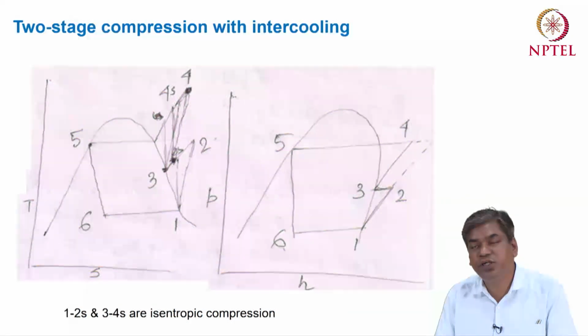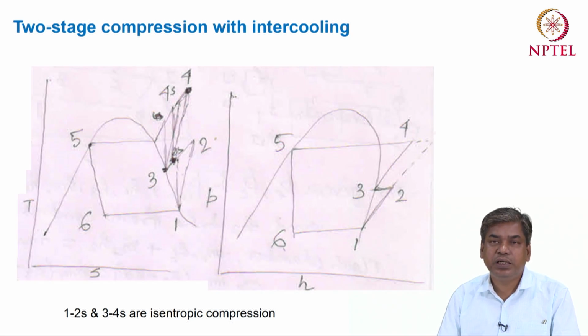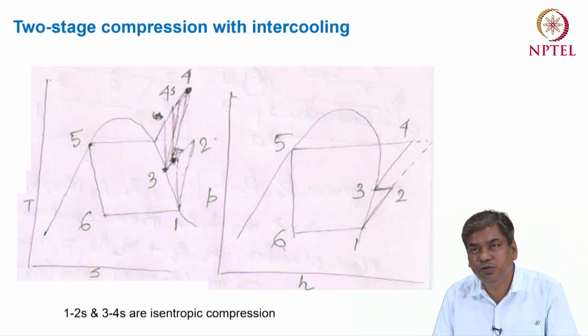What I have already told is that there is a change in the compression process. For this case the compression occurs in two compressors. For the first compressor, process 1 to 2s is the isentropic compression process in the low temperature compressor or first compressor, and 1 to 2 is the non-isentropic compression process in the low temperature compressor.